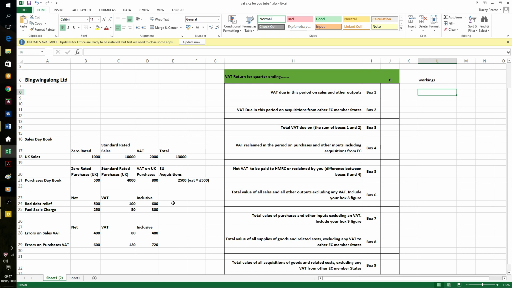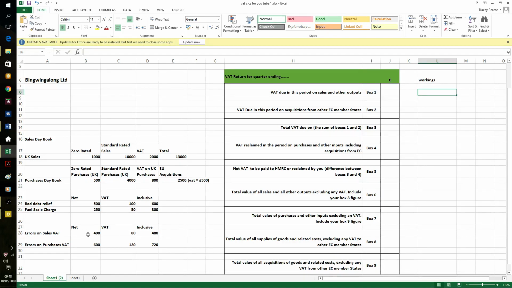And the fuel scale charge is an output tax. This is where a business vehicle has been used for private mileage. Therefore, we shouldn't really have claimed the VAT on the fuel back, and that £50 has got to be paid over to HMRC. They're always quoted gross. When you do the calculations on the fuel scale charge, the £300 is the figure that would come up. Two little errors on the previous VAT return, or assume it's two.